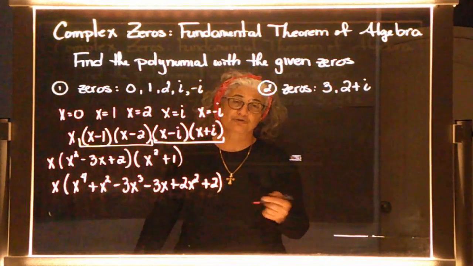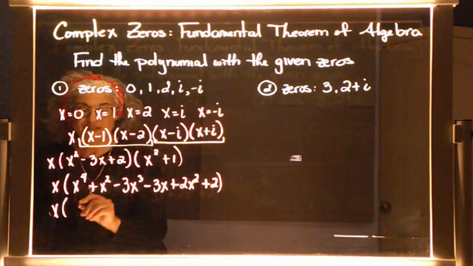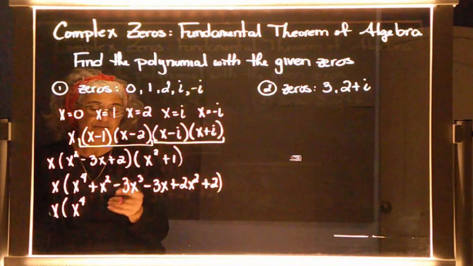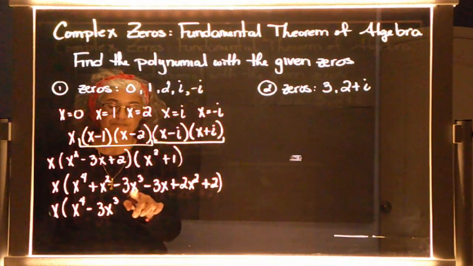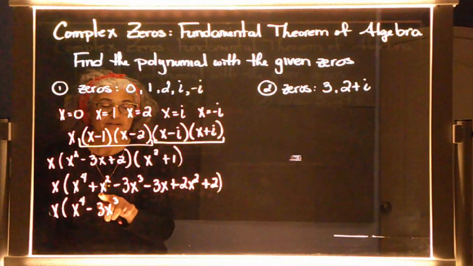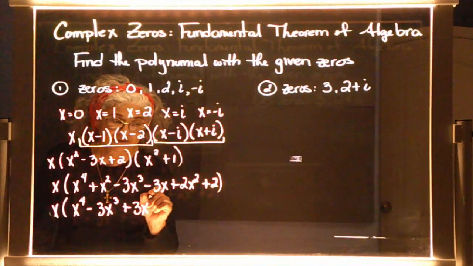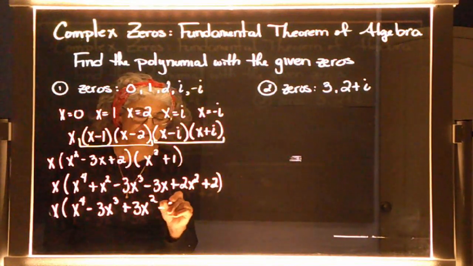Whichever way you distribute, you're going to get the same results. And then I am going to collect my like terms. x to the 4th is the only x to the 4th. Minus 3x to the 3rd is the only x to the 3rd. I have a 1x squared and a positive 2x squared. So that looks like a positive 3x squared. Looks like I have a minus 3x.